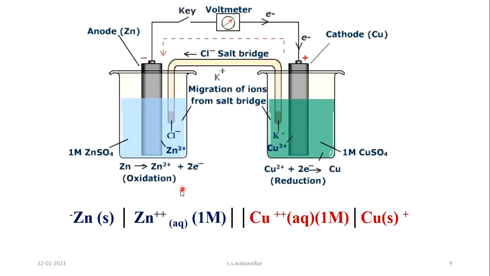And these two half cells are connected by a salt bridge. So the salt bridge is shown by a double vertical line, and contact between the metal electrode and its solution is indicated by a single vertical line. So like this you can represent any galvanic cell. So these are the 7 conventions for representing the galvanic cell.